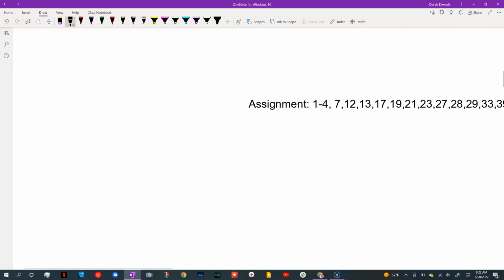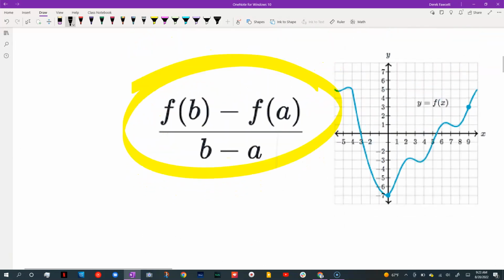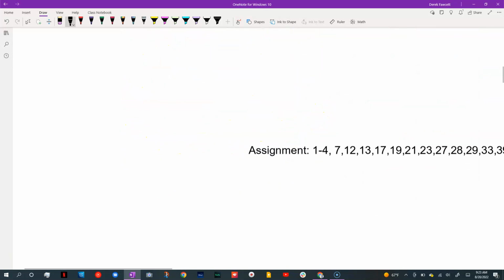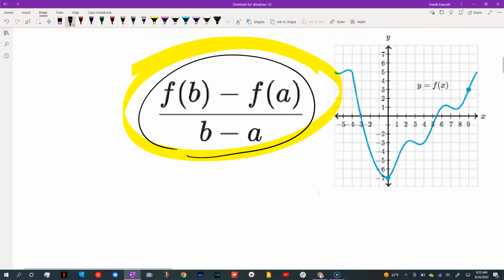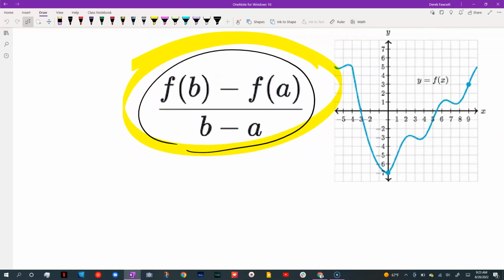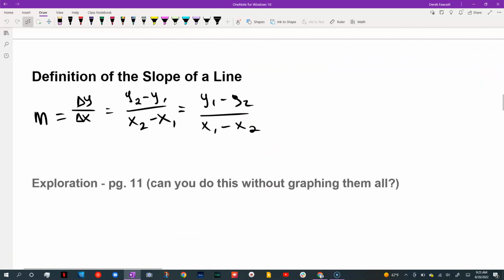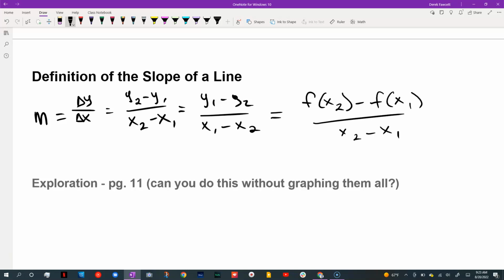Even if you look up here, they have a different definition, and this is where we're headed. So let's write that down: f of b minus f of a, where a and b are your x's. So f of x sub 2 minus f of x sub 1 all over x sub 2 minus x sub 1, because that's how we get your y values.